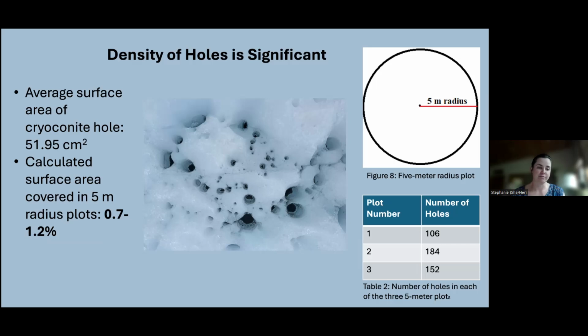I found that number to be 51.95 centimeters squared. And then with that number, I calculated the surface area that would potentially be covered in the 5-meter radius plots, which was from the lower number of 0.7 to 1.2% of the total surface.